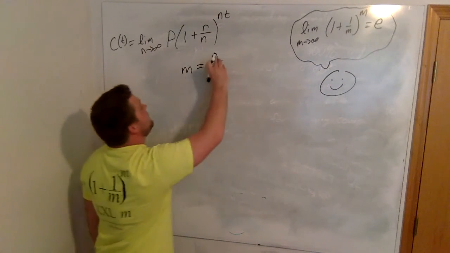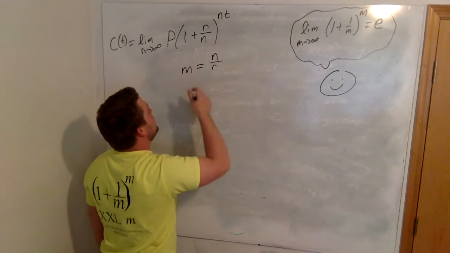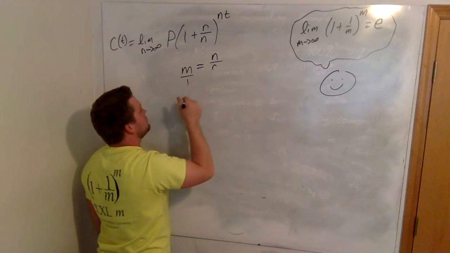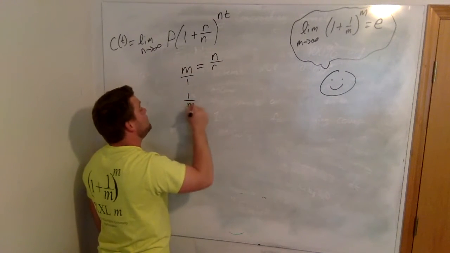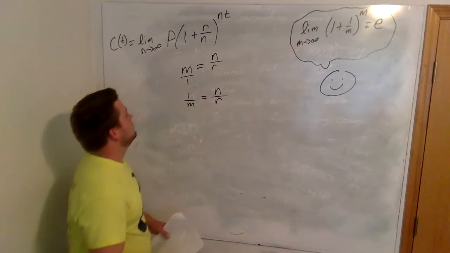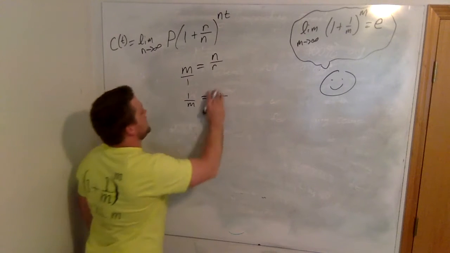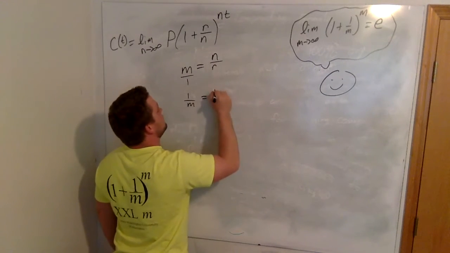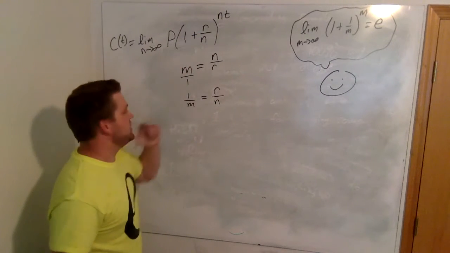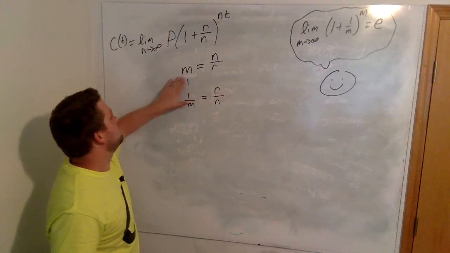Well, notice if I reciprocate both sides, 1 over m would be the same thing as r over n. So it'd be nice that we can make a replacement right here. That's how I'm defining m.